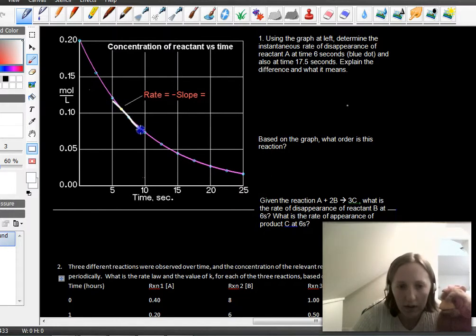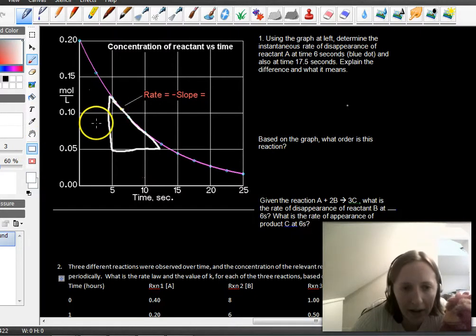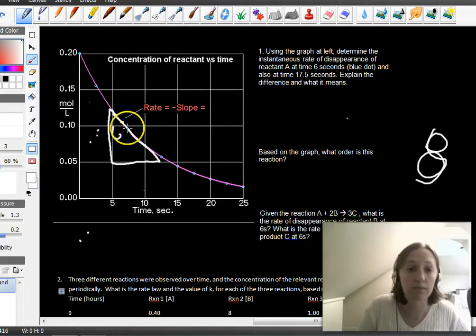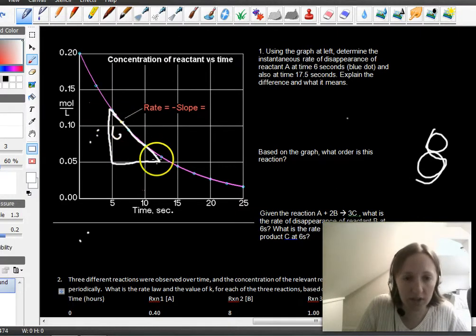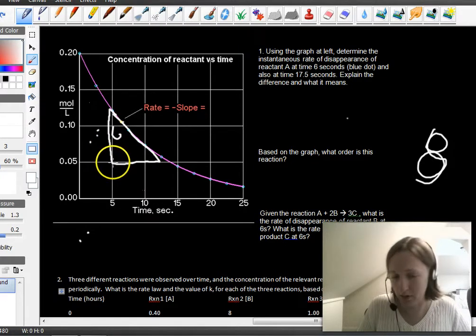And where does this go? That goes to about here. So the slope here is the rise over the run, and this is a very wiggly version of the triangle that you would actually draw with a ruler for your slope.